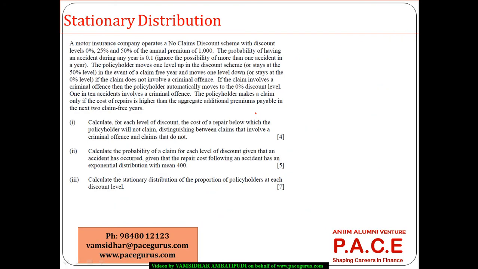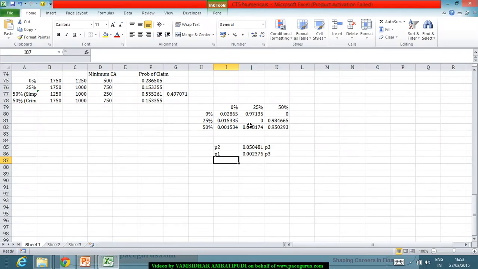So now I know three relations. P1 plus P2 plus P3 is equal to 1. Now P1 is there in terms of P3, P2 is there in terms of P3, so overall I will get my P3 now. The P3 comes out as 1 divided by 1 plus this number plus this number.